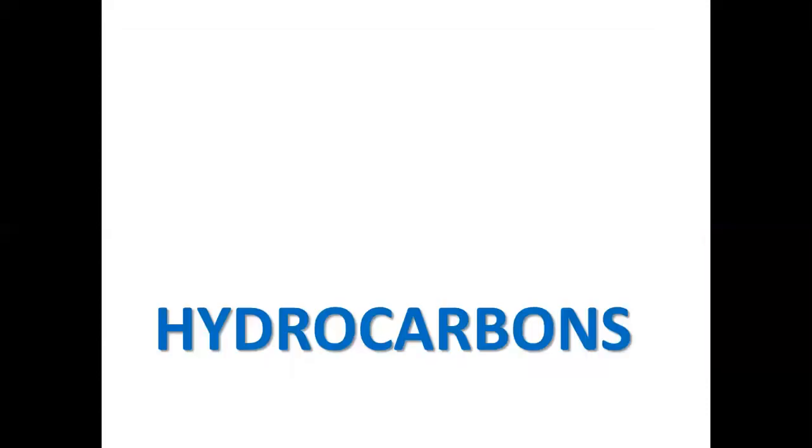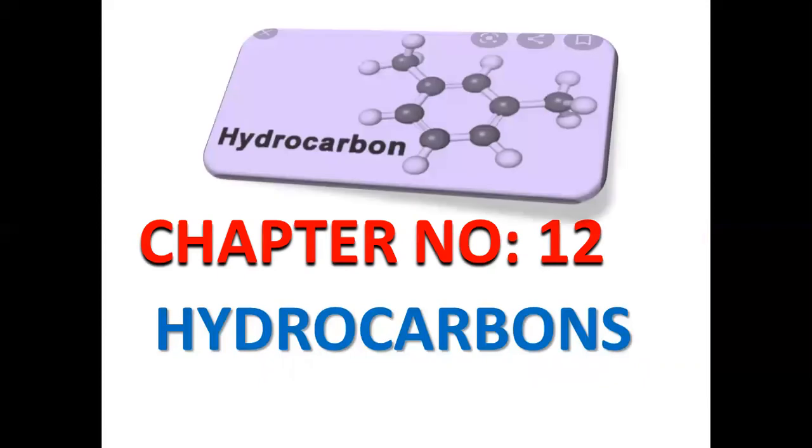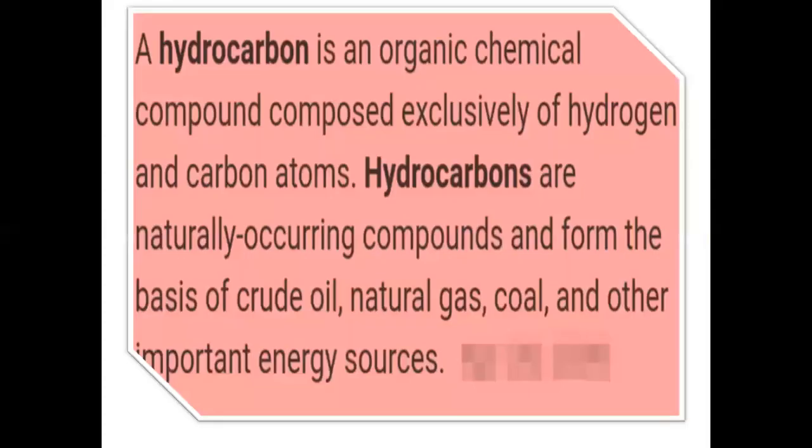Let us start chapter number 12, which is about hydrocarbons. What is meant by a hydrocarbon? A hydrocarbon is an organic chemical compound composed exclusively of hydrogen and carbon atoms. So hydrocarbons contain carbon and hydrogen only.